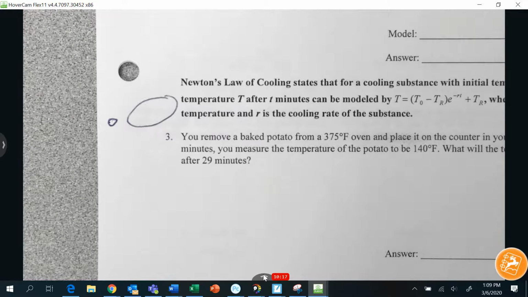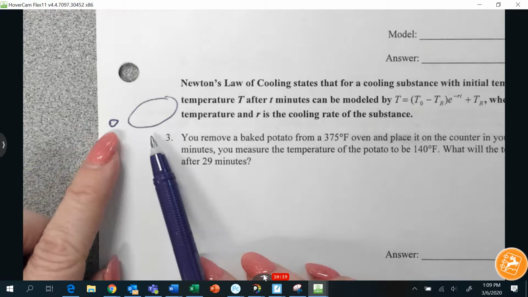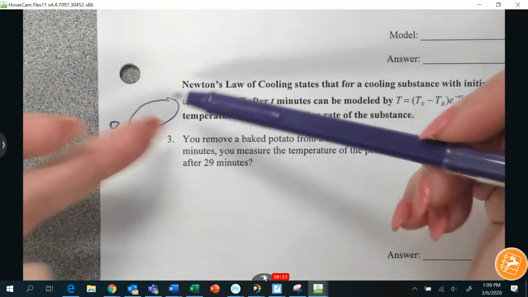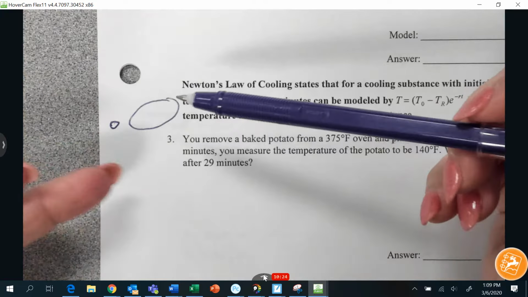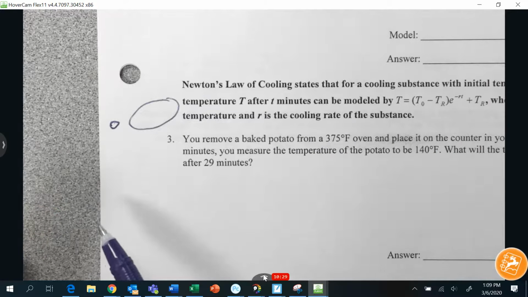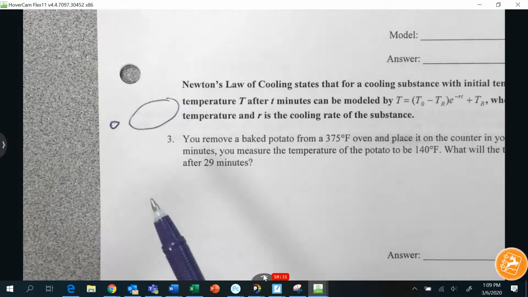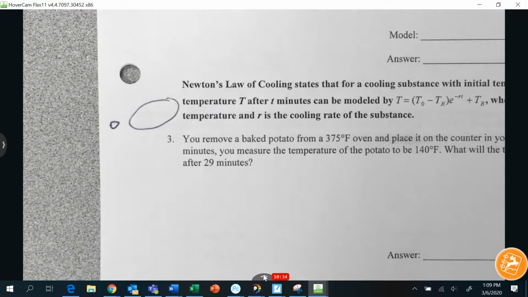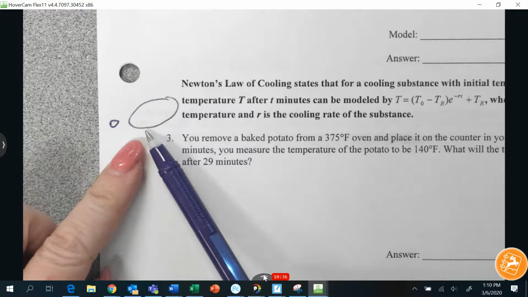I come back later, which one's going to be colder? Yeah, because if there's more mass, it takes longer for it to cool. There is a formula, but there isn't a set time at which it takes all baked potatoes to cool, because all baked potatoes have different masses.